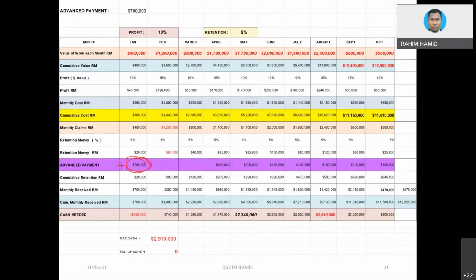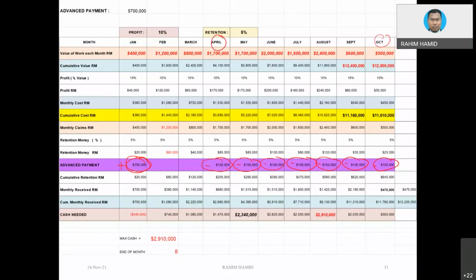But then 100,000 is basically the negative, meaning it has to be deducted. In this calculation it doesn't show negative, but we understand it is going to be deducted. Okay, it's going to be deducted from April, remember, until October.